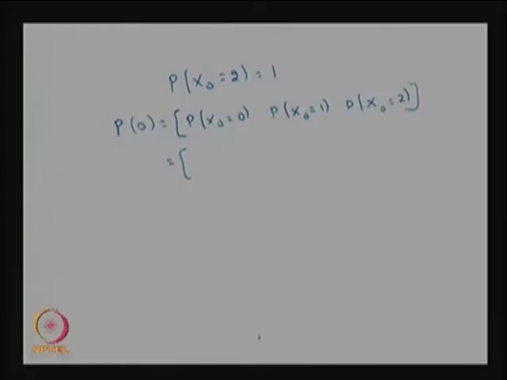At time 0 the system was in the state 2, therefore that probability is 1 and all other probabilities are 0. So, this is the given information about the initial probability vector.